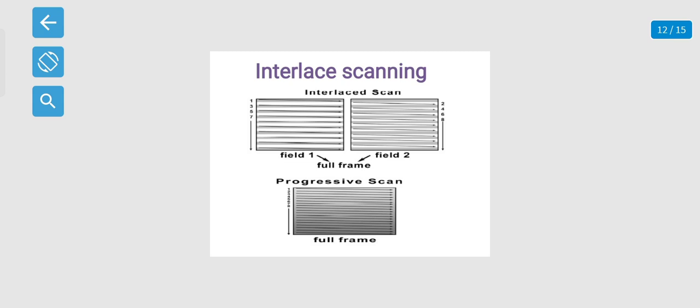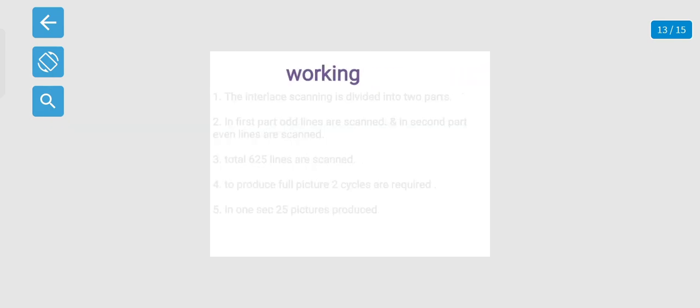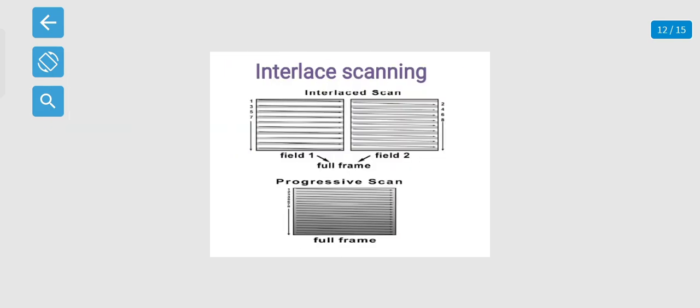The picture information produced by scanning the image from top to bottom in this standard interlace scanning system is known as a field. The odd and even lines are scanned separately. Thus, two fields are necessary to produce a complete picture. The number of fields scanned per second is known as the field frequency, and in India it is 50 fields per second.